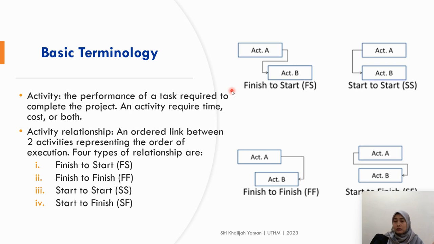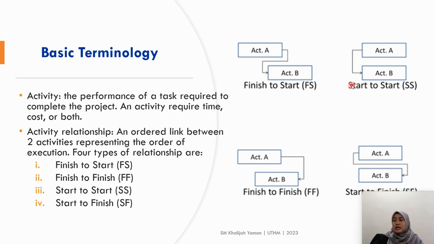In project planning, we can use finish to start, meaning that after the preceding activity finishes, it is followed by the next activity, the successor activity, to start. For example, you finish activity A, and then you start activity B. That is finish to start.